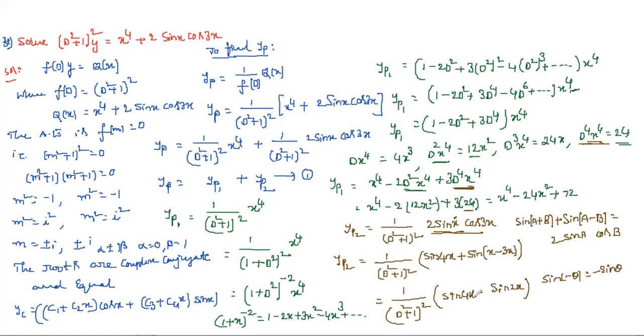So yp2 is equal to 1 by (D^2 + 1)^2 into sin 4x minus 1 by (D^2 + 1)^2 into sin 2x.